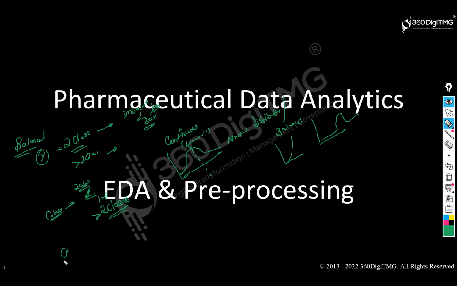When we have continuous, that is numerical data, we need to answer by seeing the probability distribution only. I hope it is clear now. Fine. So this is about imbalanced and balanced data.